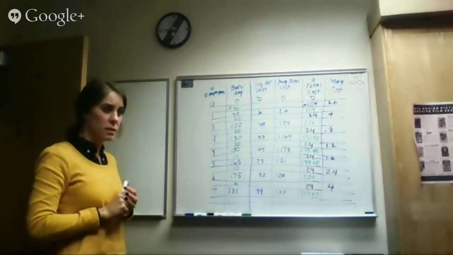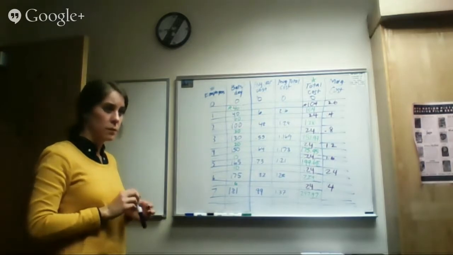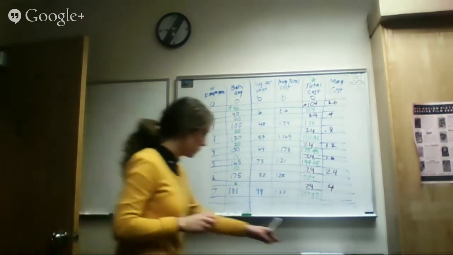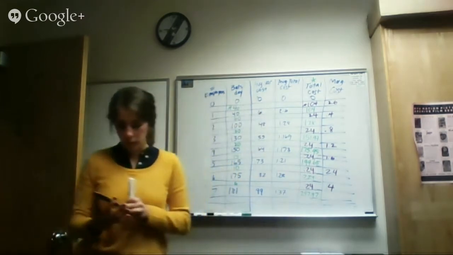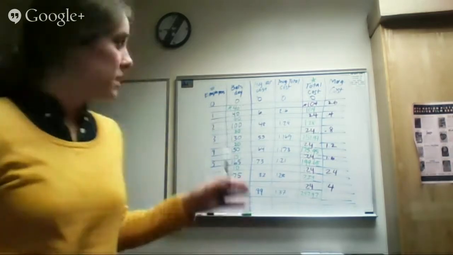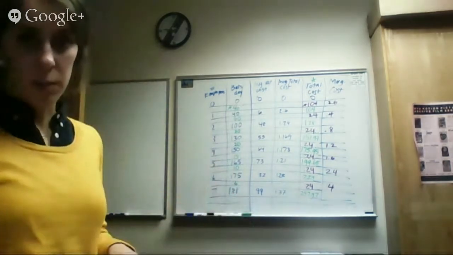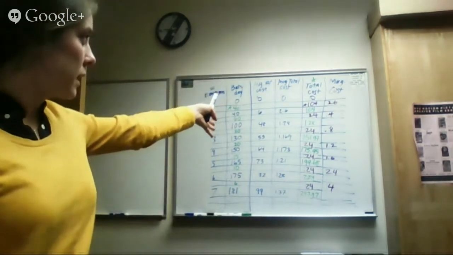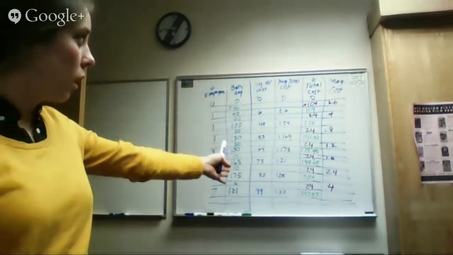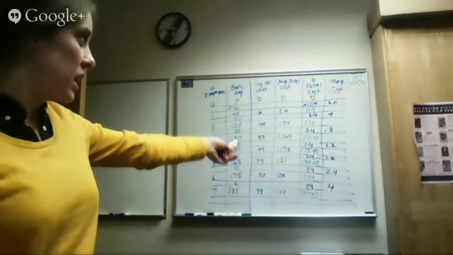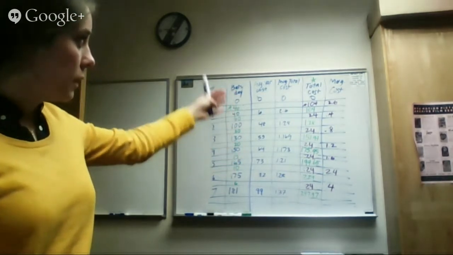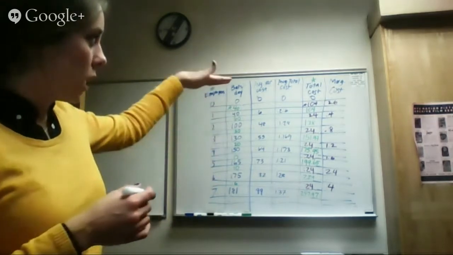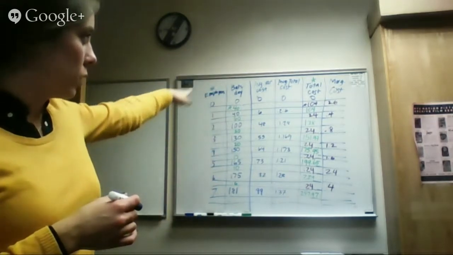Is that making sense? So just to summarize and recap, I copied the table that he gave us, but I included a new column in which I have the total costs and the marginal or additional costs going from one level of employees to another.